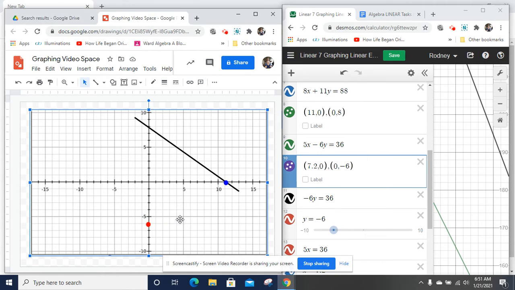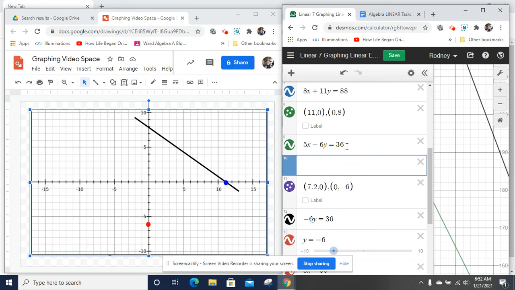Now, how am I going to get another point? This point is not neat and tidy. What I want to do is find the slope. The slope in standard form is the opposite of the x coefficient divided by the y coefficient.